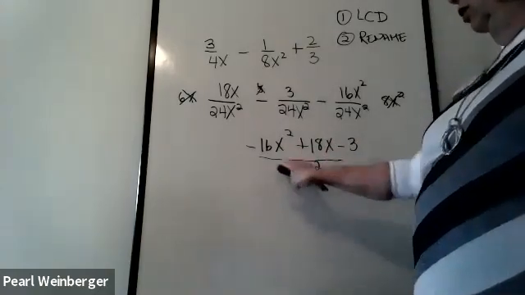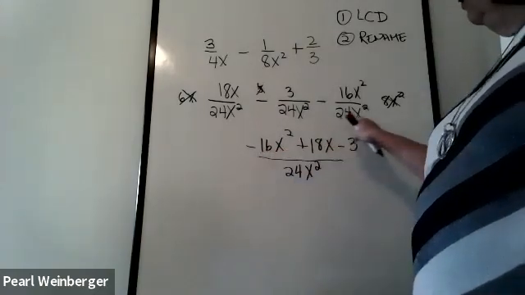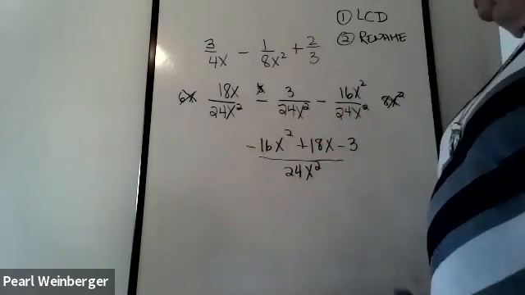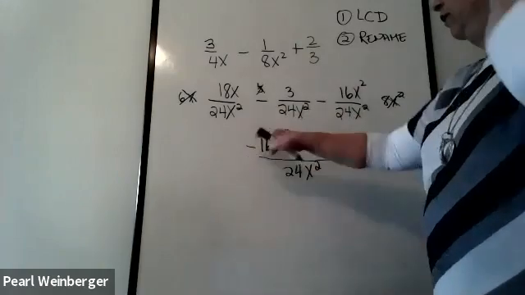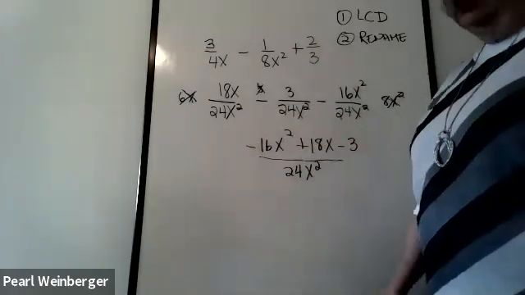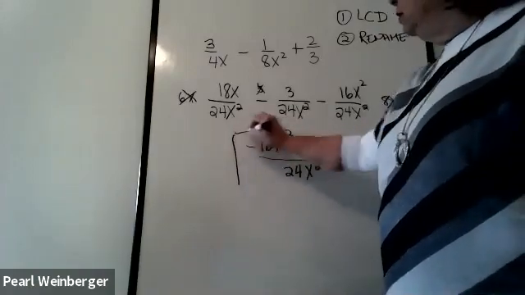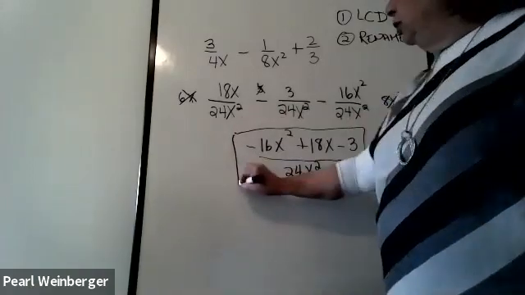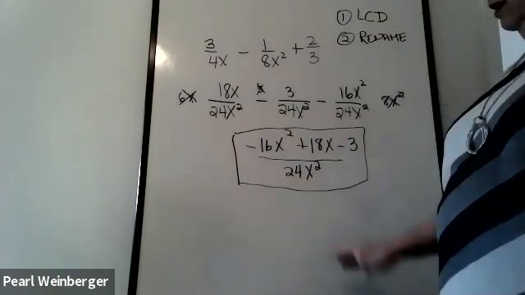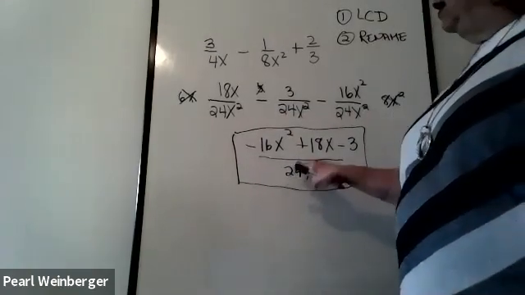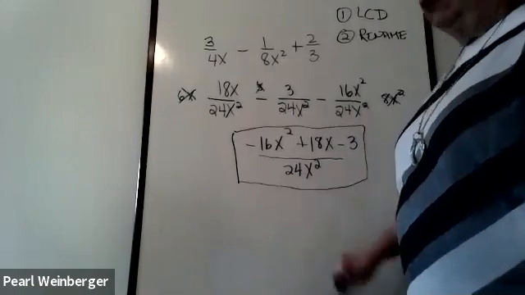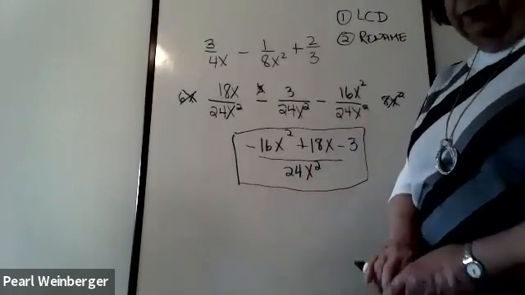In order to reduce this any further, I'd have to be able to factor the numerator, and it doesn't look like there's any common factor or anything that I could use. So this becomes my answer to my question. I have everything with a denominator of 24x squared.